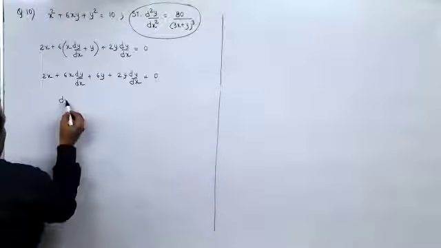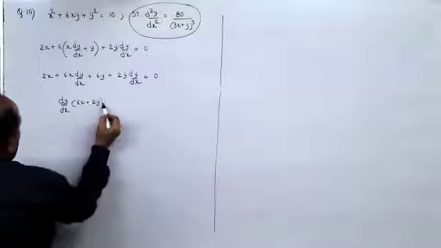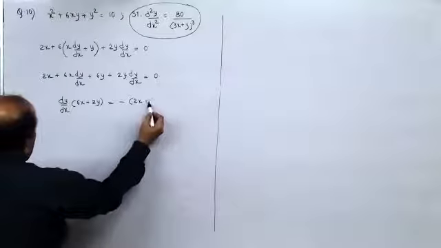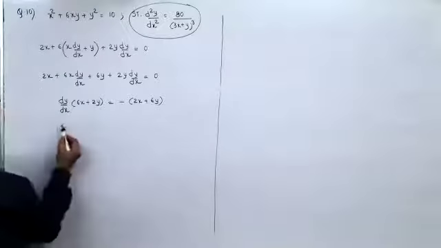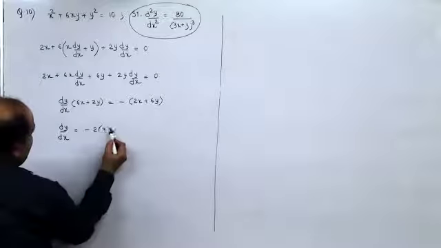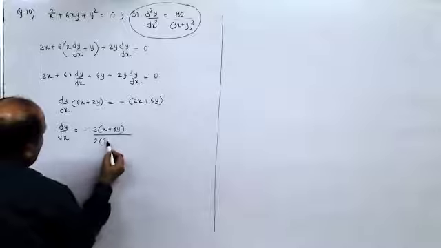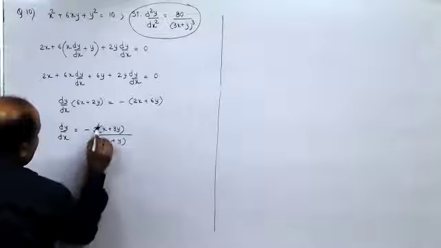So I'll get dy by dx times (6x plus 2y), and this is equal to minus of (2x plus 6y). So dy by dx is equal to minus 2 common, you get (x plus 3y), divided by 2 common, you get (3x plus y). This and this get cancelled.